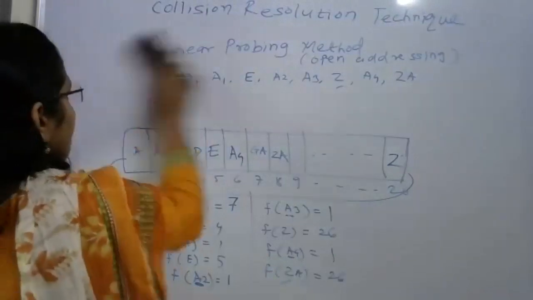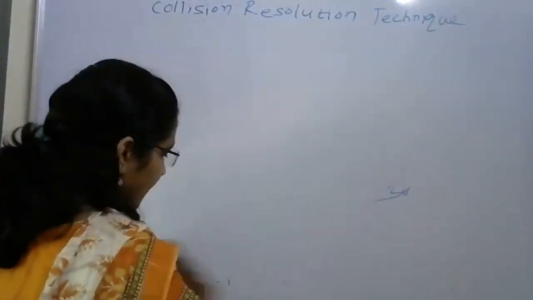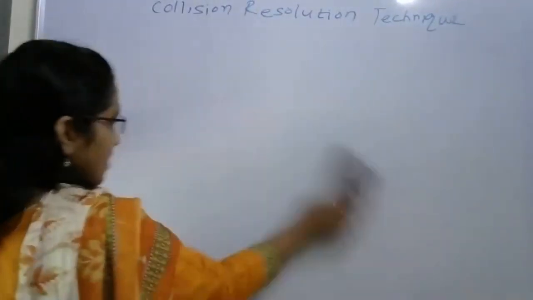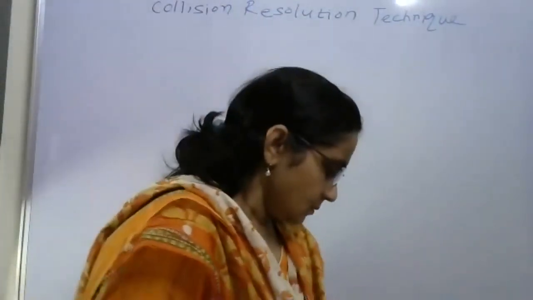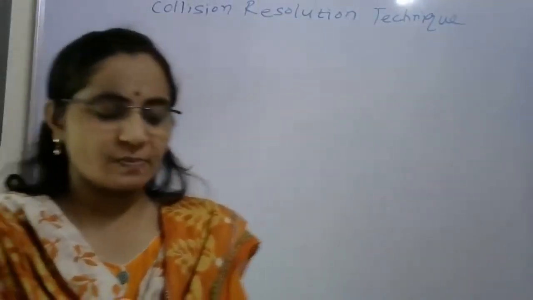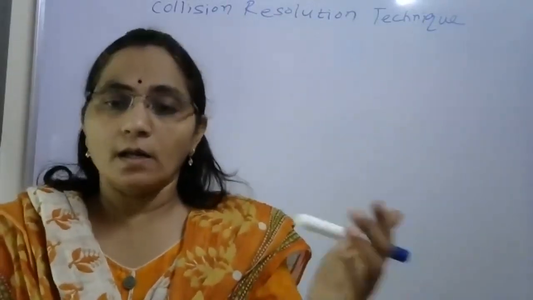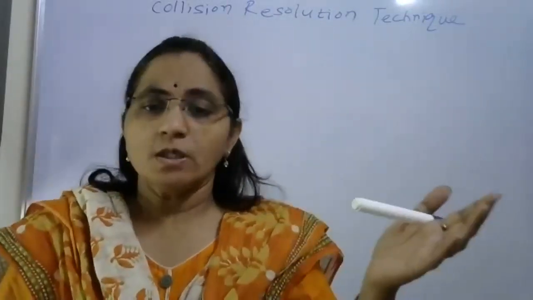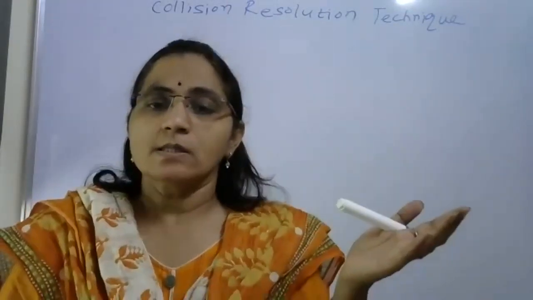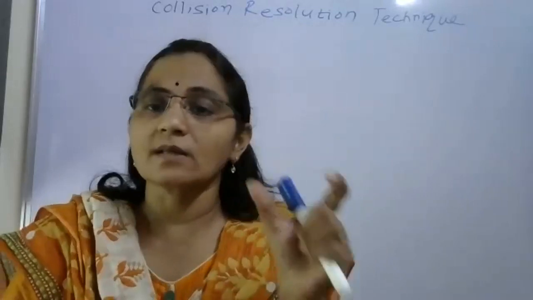Now the second method is the separate chaining method. But what are the drawbacks of the first method? The drawback is that as we hash the identifiers into the next successive empty bucket, it forms clustering.